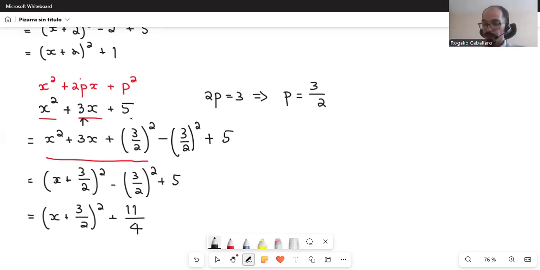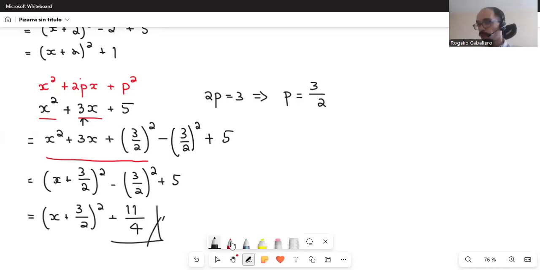If you end up with a final result like this, with a bunch of ugly fractions, that's fine, because what we're after is this: a result that is a binomial, x plus 3 halves squared, a binomial squared, plus some term. That's what we're after. Don't worry about the fractions.